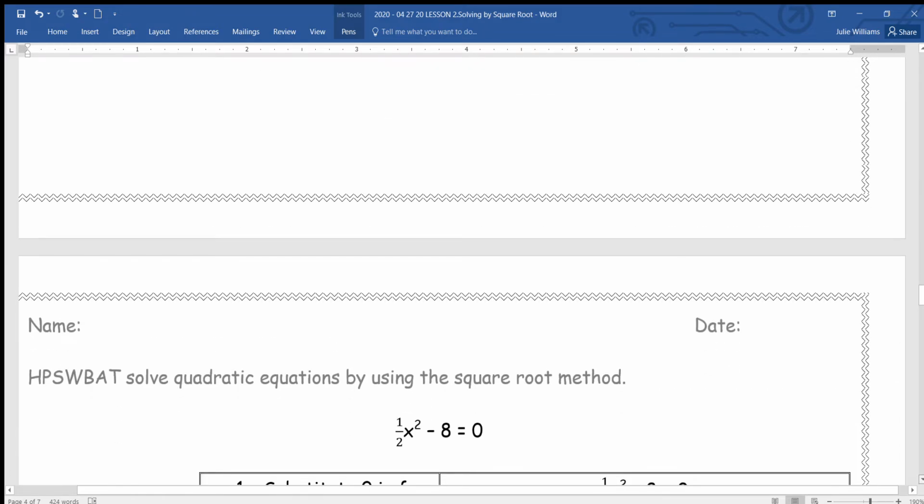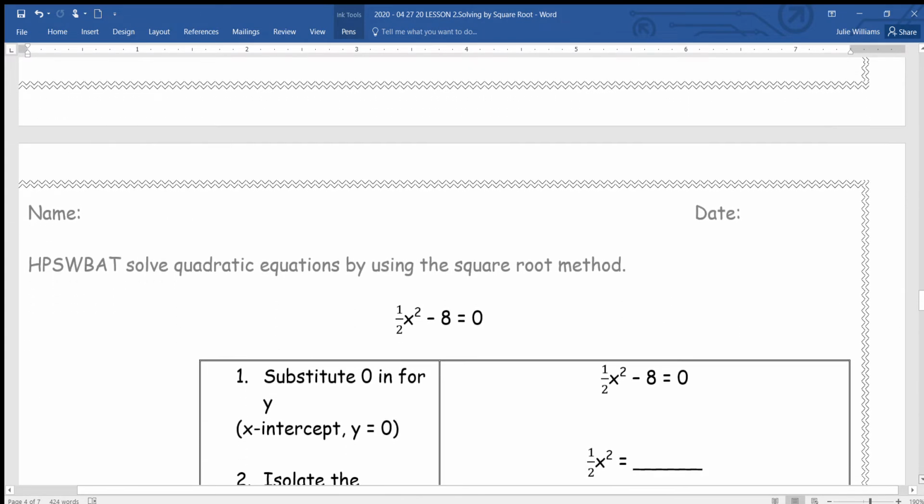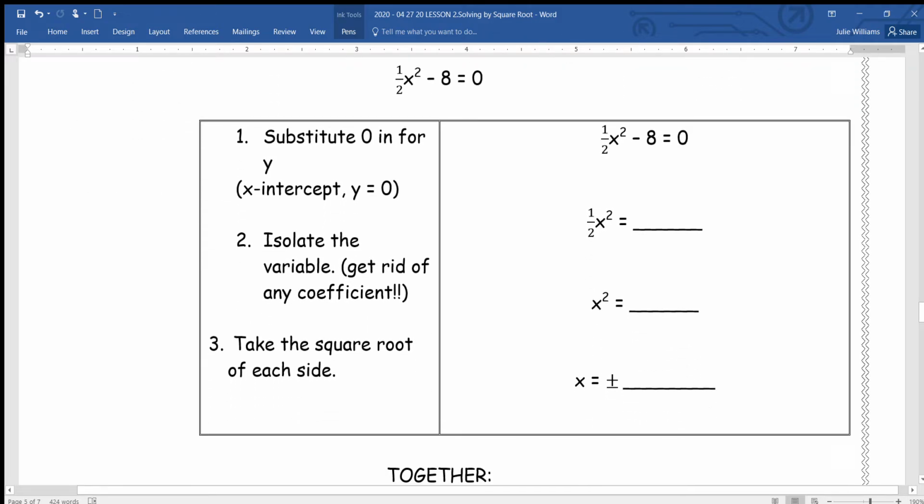Okay, this one's a little bit more complex. Not really. Now it just has a fraction. I know you guys cringe at fractions. So on this one, we already substituted in 0 for y. Now I got to add the 8 to both sides. So 1/2 x squared equals 8. So now I have to get the x squared by itself.